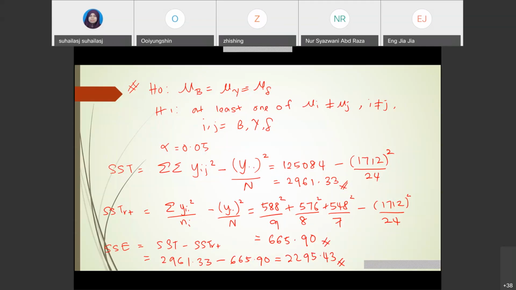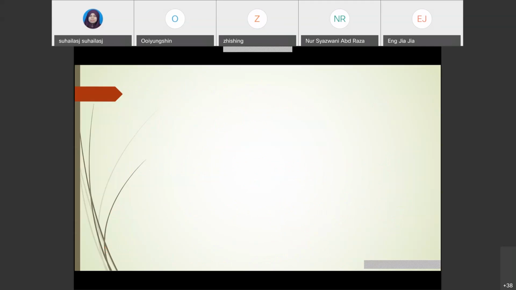Okay, so we already have three values: sum of squares total, sum of squares treatment, and sum of squares error. Present them in the ANOVA table.